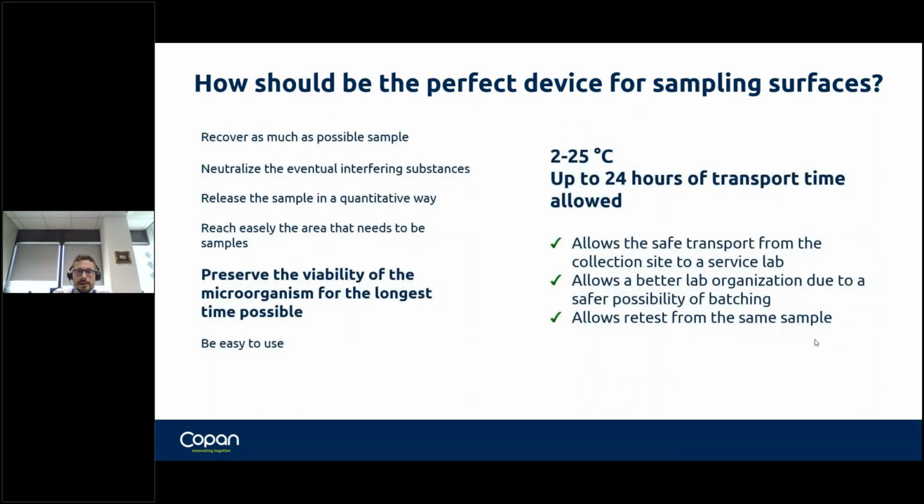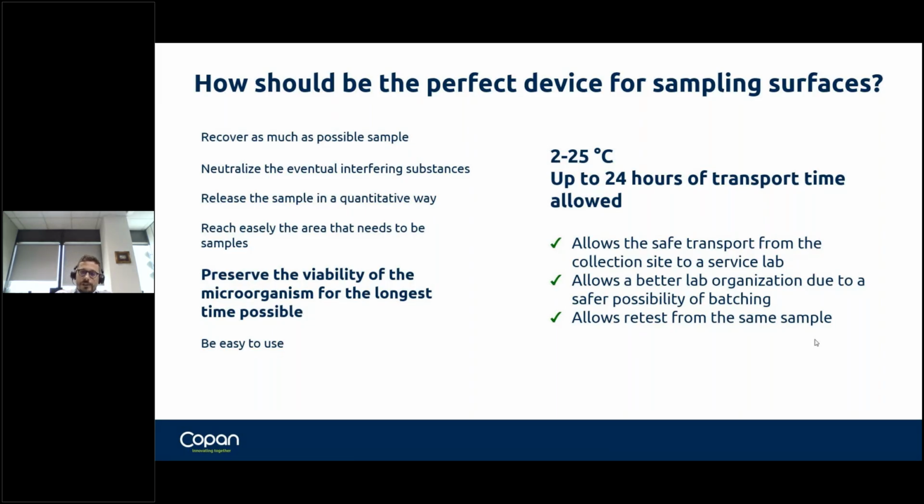Again, the SRK allows you to preserve the viability of the microorganisms for a long time. You can transport at room temperature up to 24 hours, and that's formally validated. So this is not off-label, it's formally validated by us, so we are taking the responsibility for that.